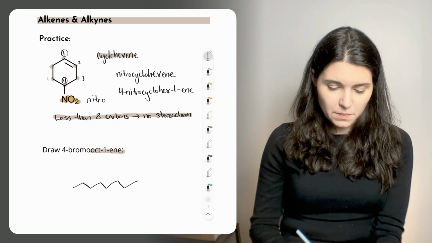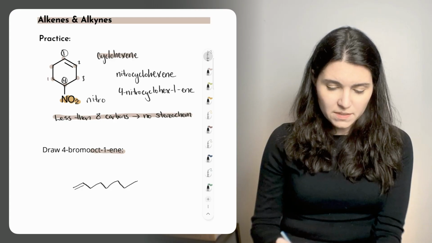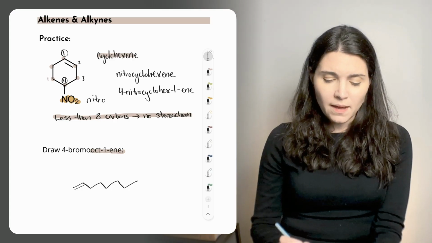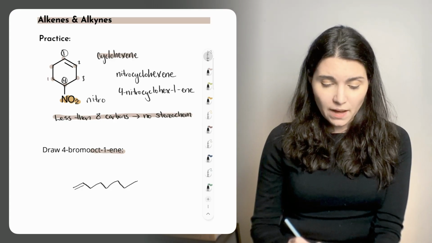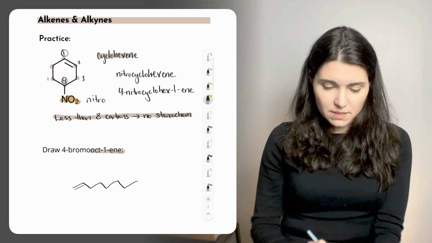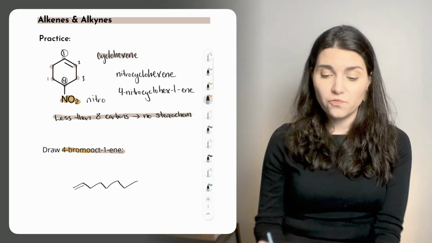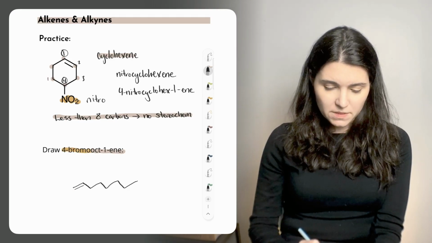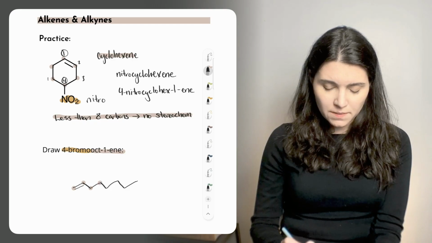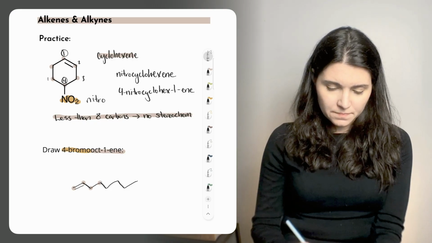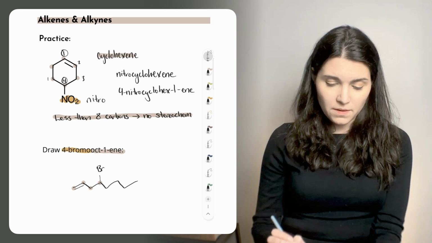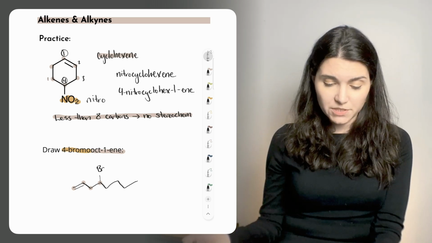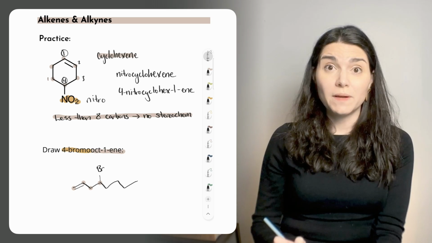I'm going to draw a double bond on that first carbon. So there's my oct-1-ene. And then it is telling us to add a bromo substituent on carbon 4. So I'm just going to go 1, 2, 3, 4. We'll put a bromo there. And that is our whole structure for 4-bromo-oct-1-ene.